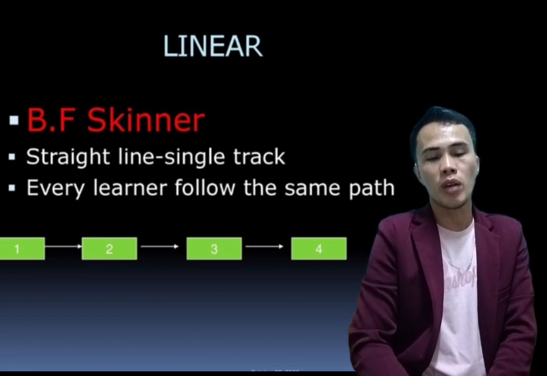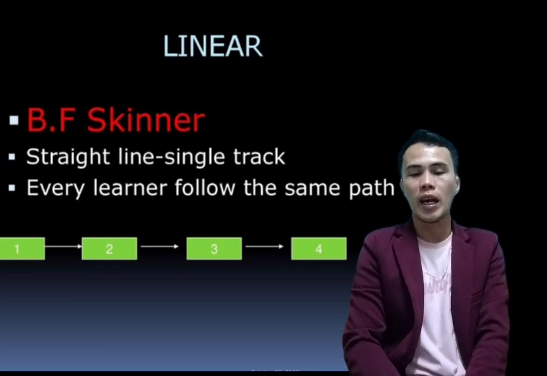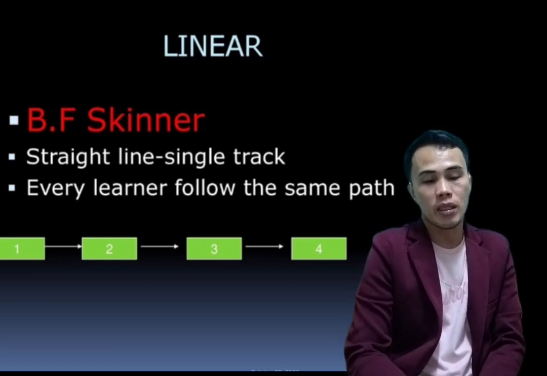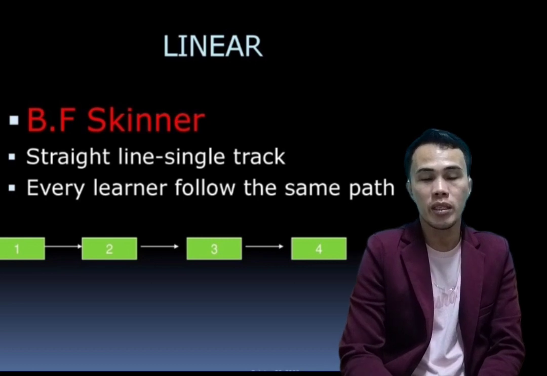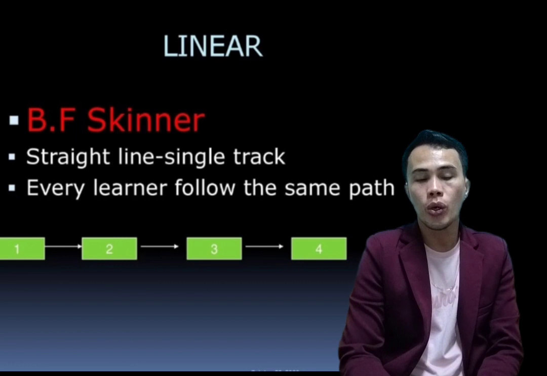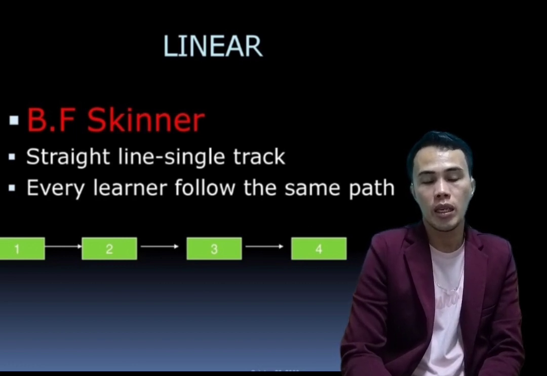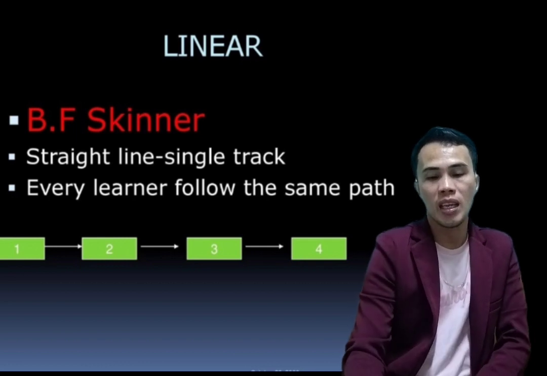In linear programming, we have a straight line, single track, and every learner follows the same path. As you can see in the frames, we have 1, 2, 3, and 4.